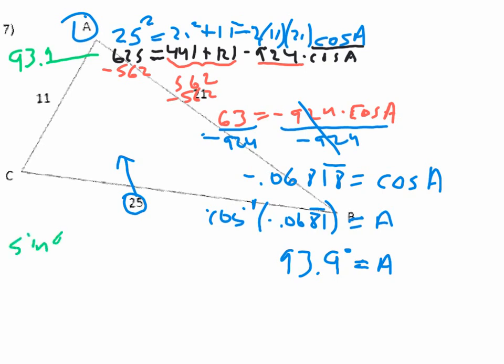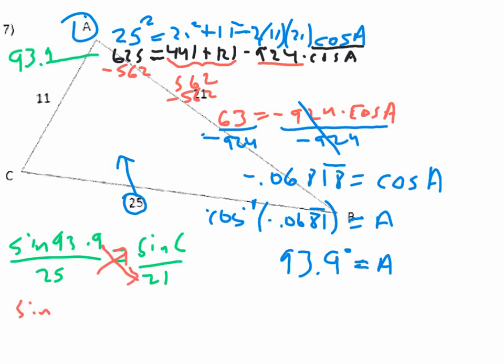We'd say sine of 93.9, because we have a pair now, equal to sine of, let's say, C over 21. Cross multiply, divide, and get sine by itself. So you'll then need to cross multiply.